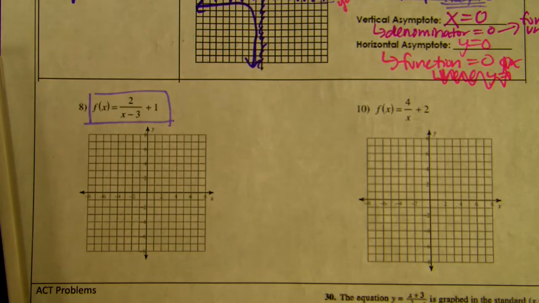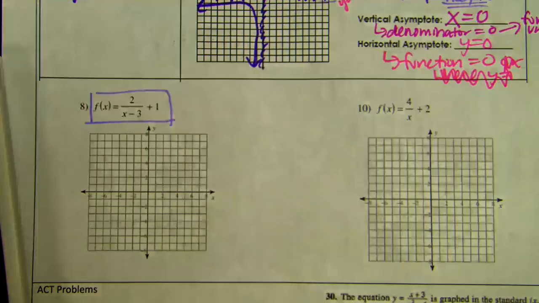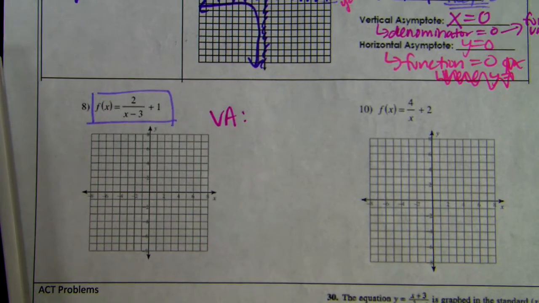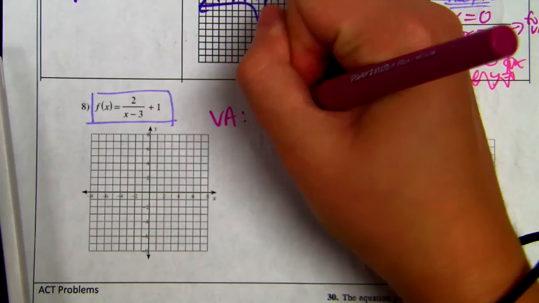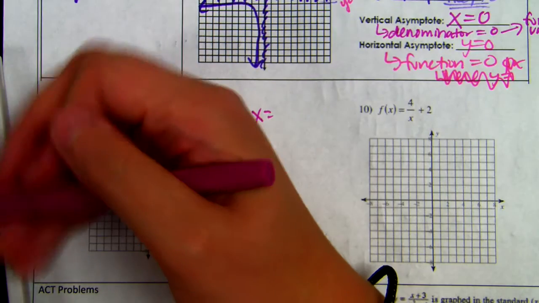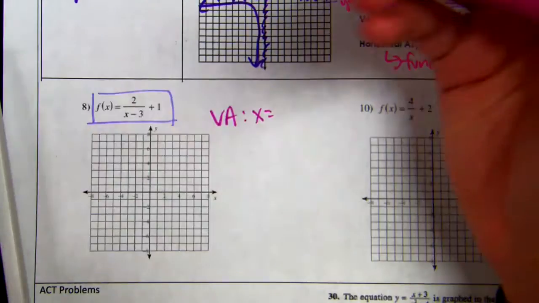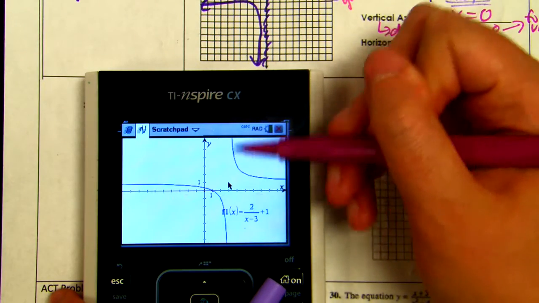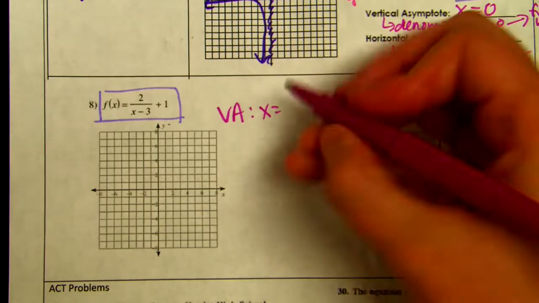So that means to me that our vertical asymptote, I'm going to write this in the same colors, is going to be the line x equals, because that's a vertical line, x equals 1, 2, 3. Once again, because I'm counting over 1, 2, 3, and see that that line is where it makes sense. So x equals 3.